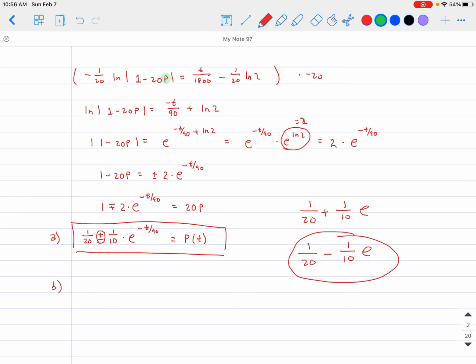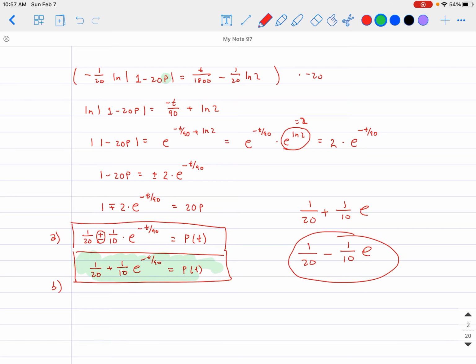So logically, we should take the plus instead of the minus. Our equation, just to clean it up one last time, is 1 over 20 plus 1 over 10 e to the negative t over 90 is equal to p of t. That's our brand new equation, the most cleaned up one that we're going to take.